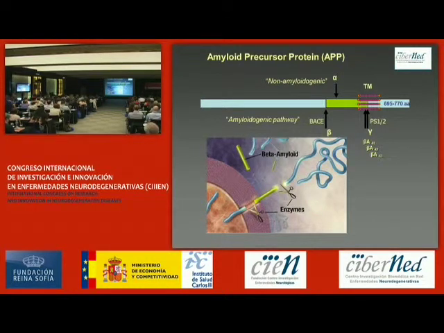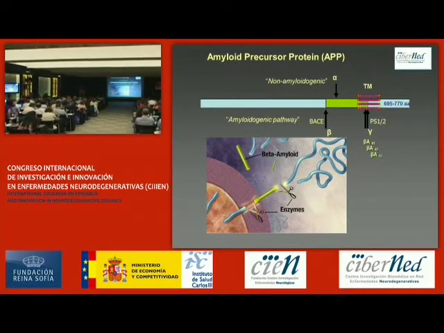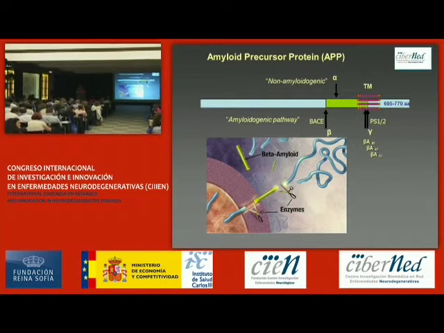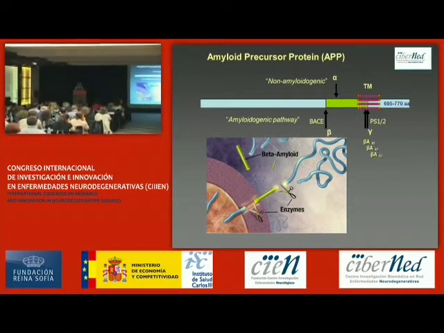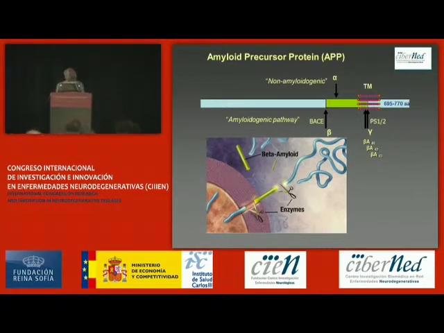This pathway is called the amyloidogenic pathway, and the consecutive proteolytic activity of the beta secretase and the gamma secretase generates peptides with 40, 42, and 43 amino acids.